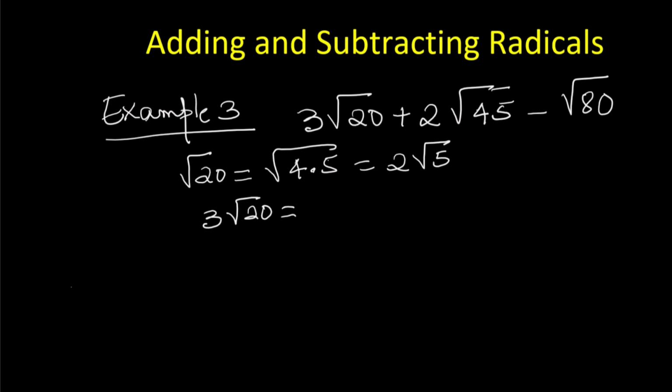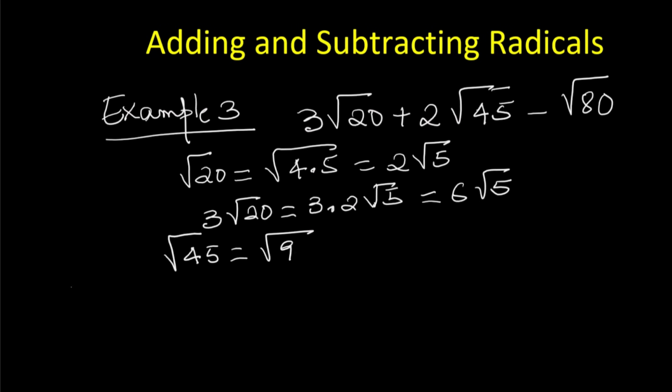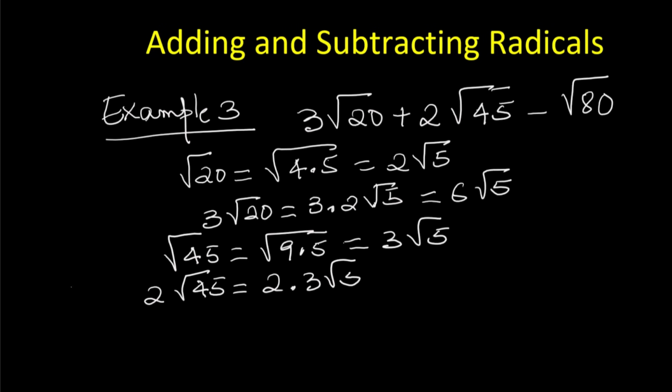Multiply by 3. 3 times 2 times the square root of 5 equals 6 times the square root of 5. The square root of 45 is the square root of 9 times 5. The square root of 9 is 3. So the square root of 45 becomes 3 times the square root of 5. Multiply by 2. 2 times 3 times the square root of 5 equals 6 times the square root of 5.